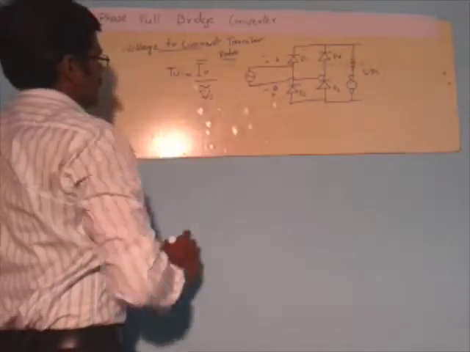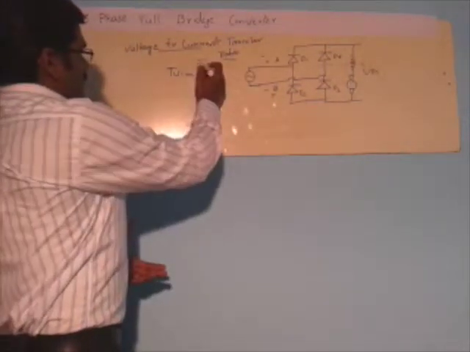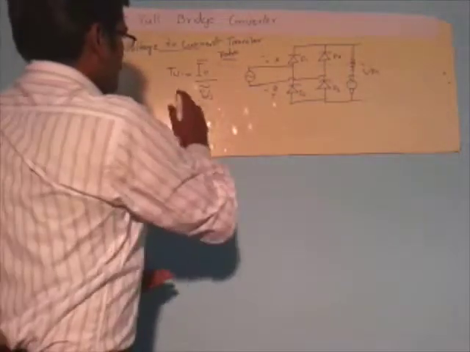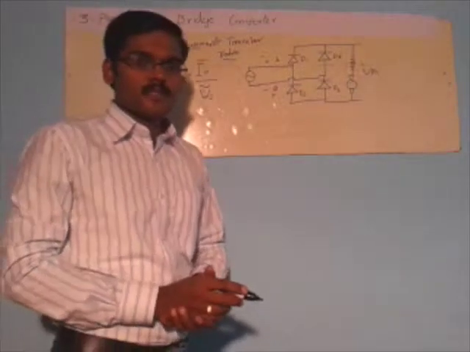TVI is DC output current divided by DC input voltage.